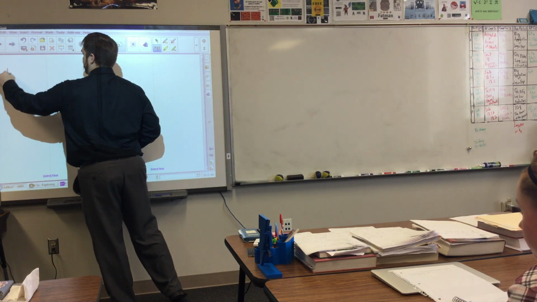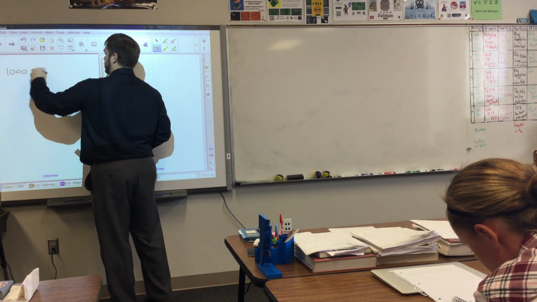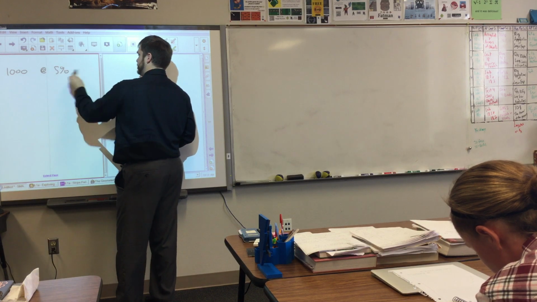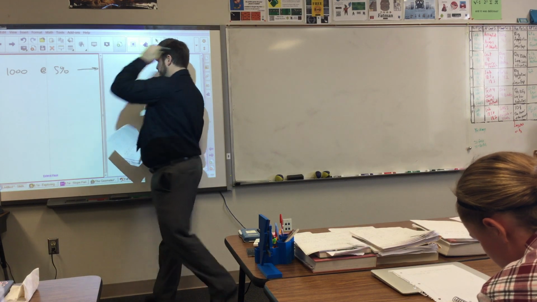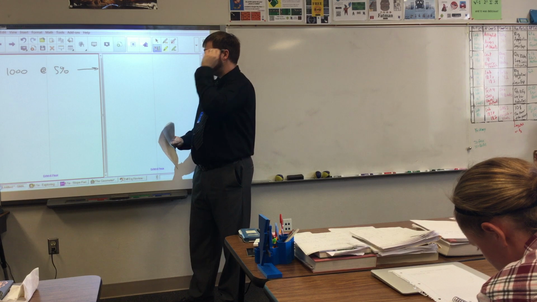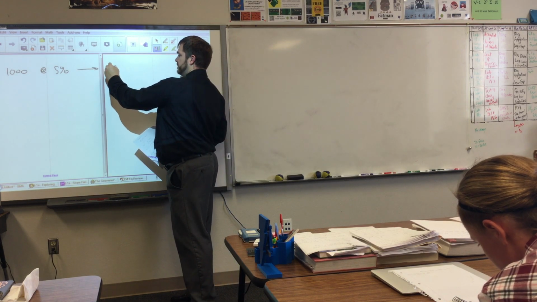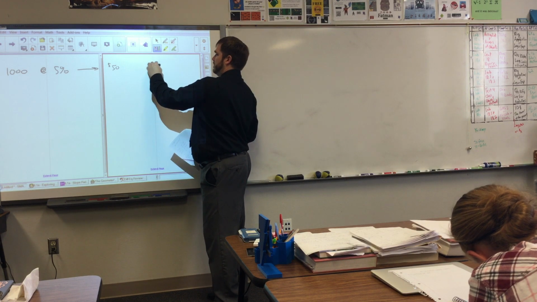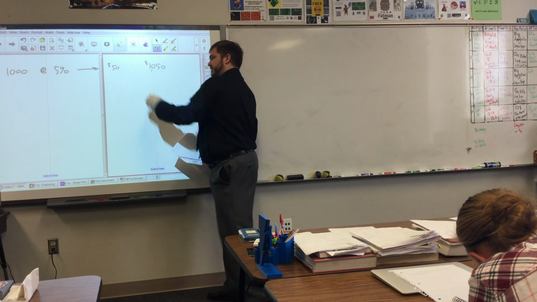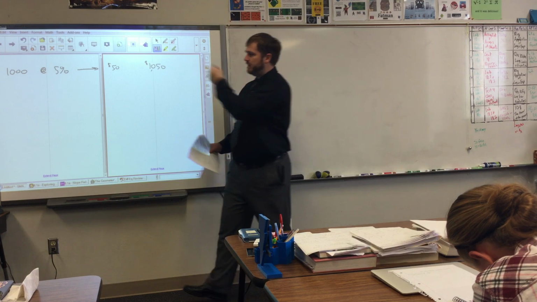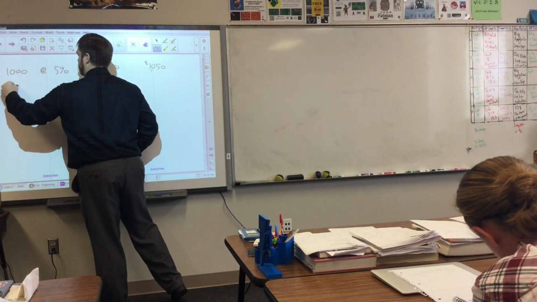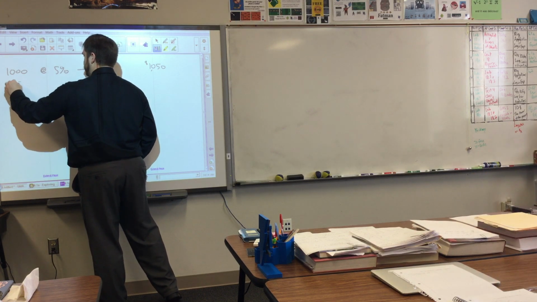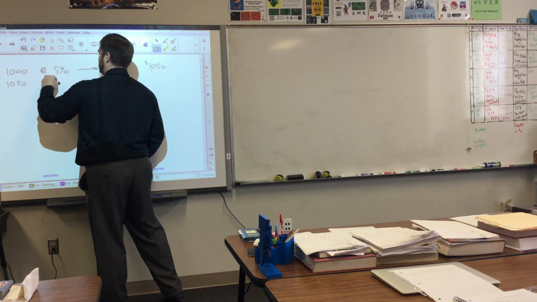You start off with the $1,000, okay? And after 6 months, 5%. That's going to be $50. Okay, so after 6 months I have $1,050. Reinvest that, so $1,050 at 5%.